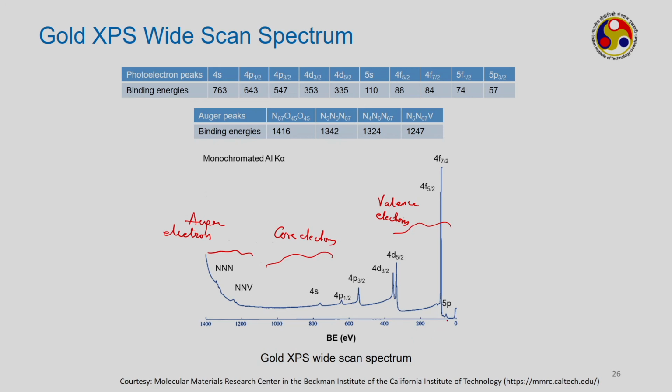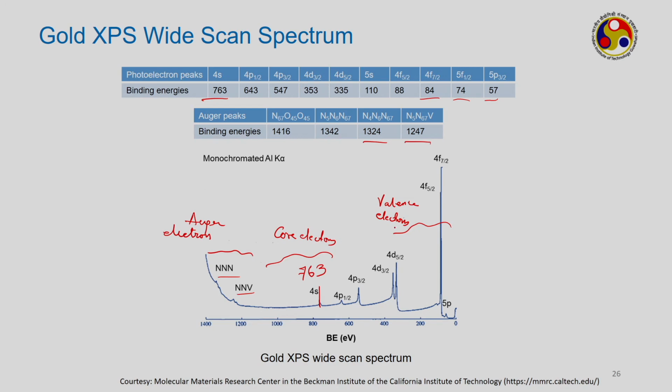Initially you will see NNV, NNN. This type is obtained here, 1, 2, 4, 7. In the initial part, you will see the valence electron binding energies 57, 74, 84, and it keeps on increasing. For 4s, it is 763. The idea is to show in this particular spectrum both XPS and Auger.